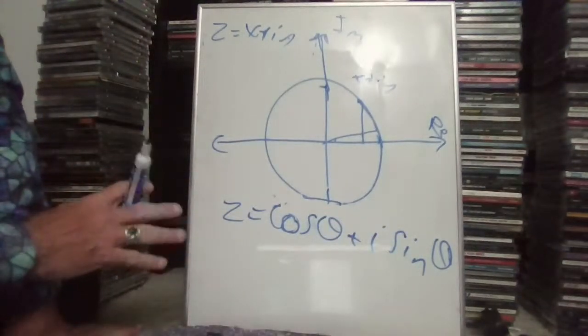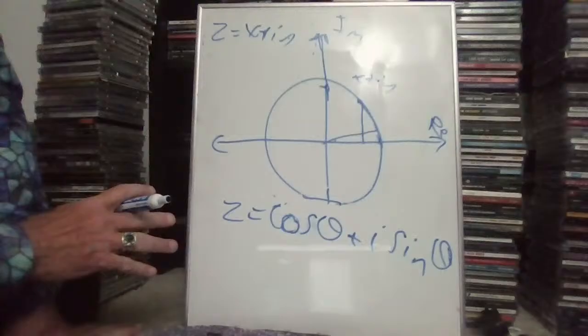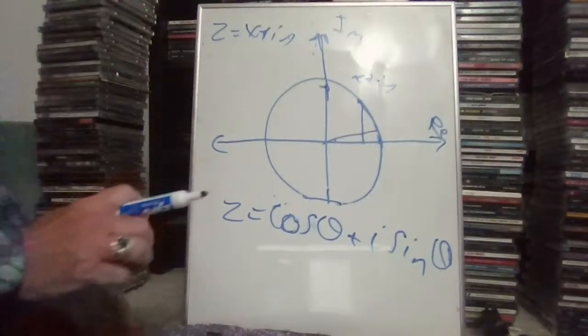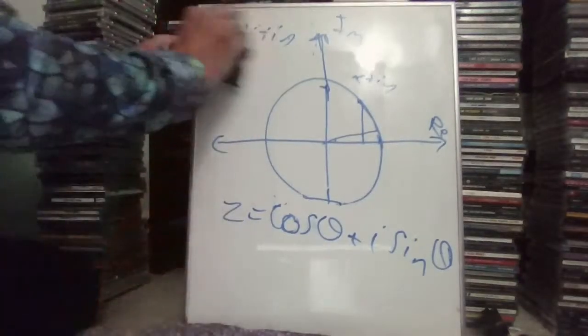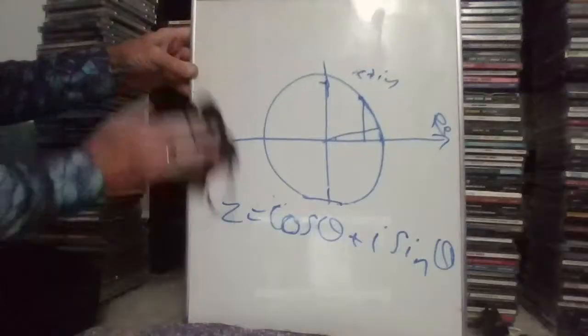Now, here's where we're going to do something. So far we have z equals cosine theta plus i sine theta. It's a periodic complex number.